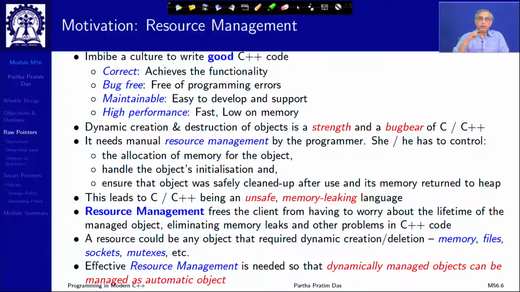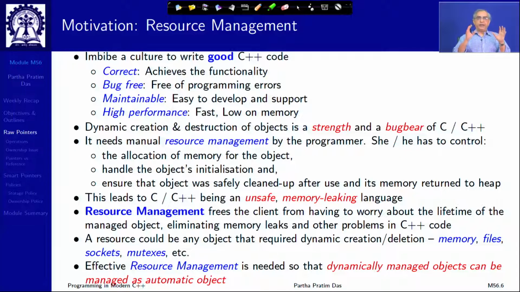Right? Because of this requirement, which comes from the enormous power of the dynamic object management, often we the programmers fail to do things correctly, and that leads to the tag that C++ is unsafe, it is a memory leaking language and so on.